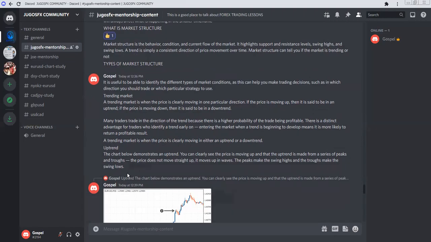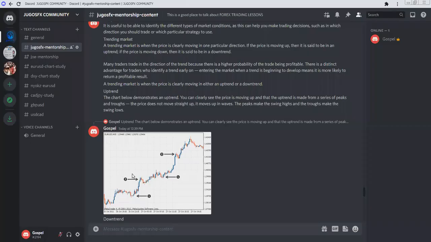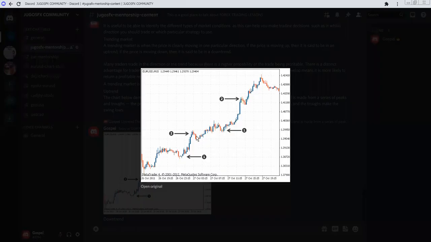Let's look at an uptrend here. I had a picture of that. You see here, the market is going up, creating a higher high, higher low. This is another higher high, higher low, higher high, higher low, and so on, right?